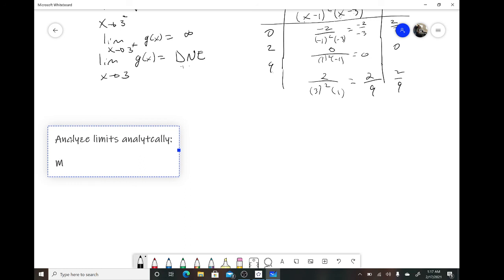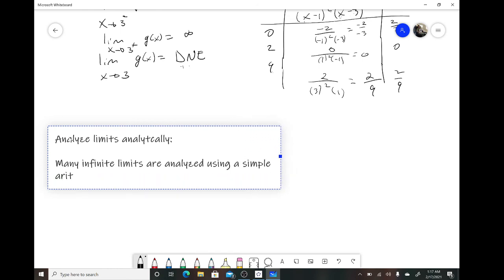Like I was saying, many infinite limits are analyzed using a simple arithmetic property, and that is the following fraction, a over b. This fraction goes very large if b goes to 0 while a remains non-zero.